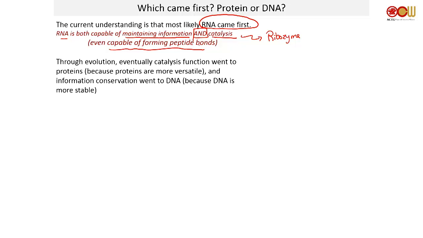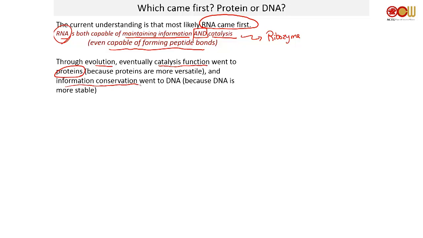So that tells you something: potentially through evolution, catalysis was initially found on RNA, and having RNA capable of catalyzing reactions, then gradually they can generate proteins. Make sense? So then through evolution, eventually the catalysis function went to proteins.